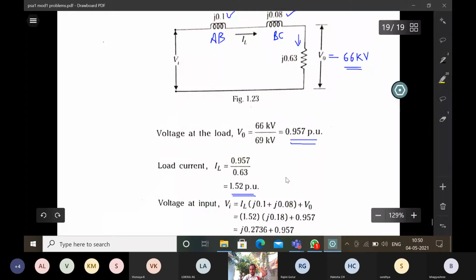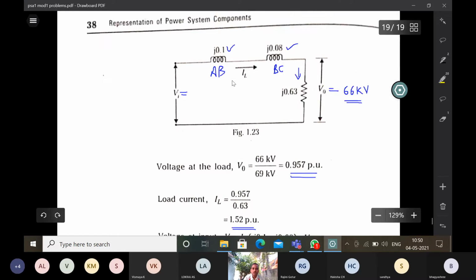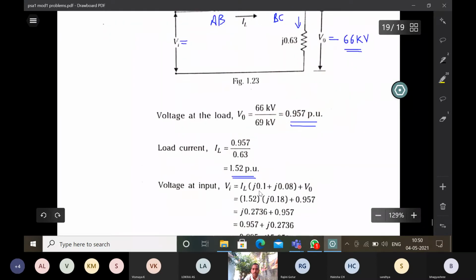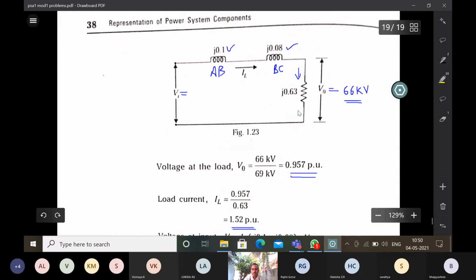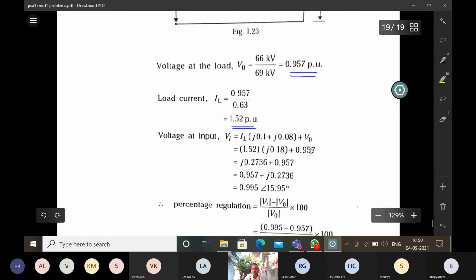So now calculate Vi, that is the input voltage. Now apply KVL: Vi is equal to IL into (J0.1 plus J0.08) plus V0. V0 is 0.957.